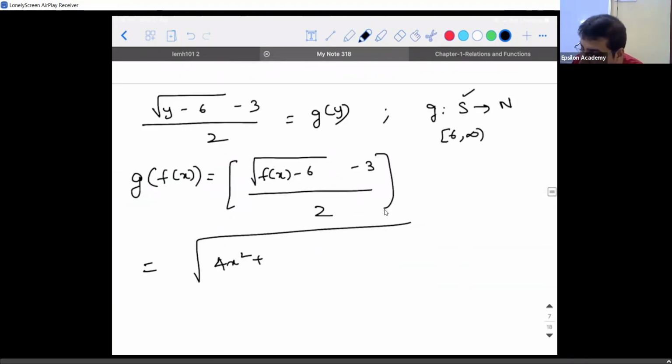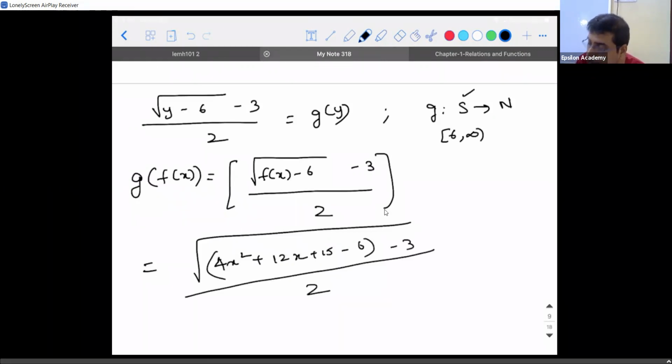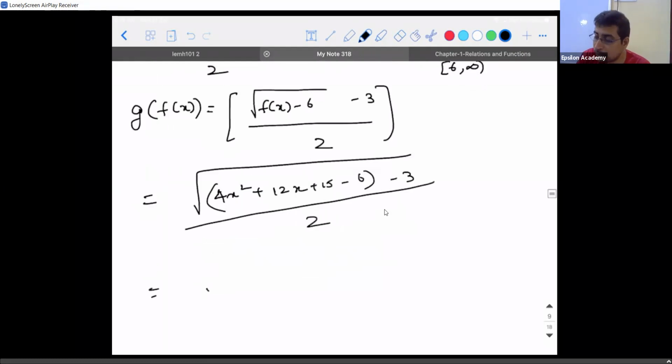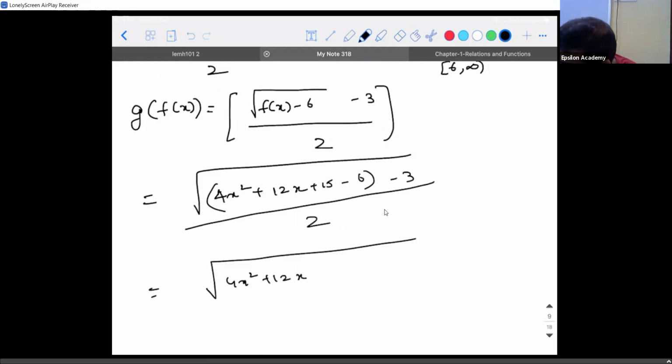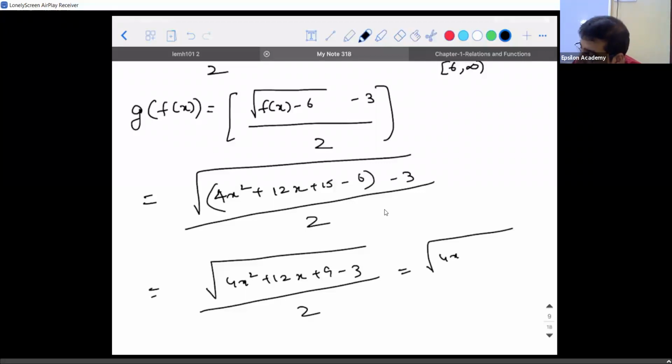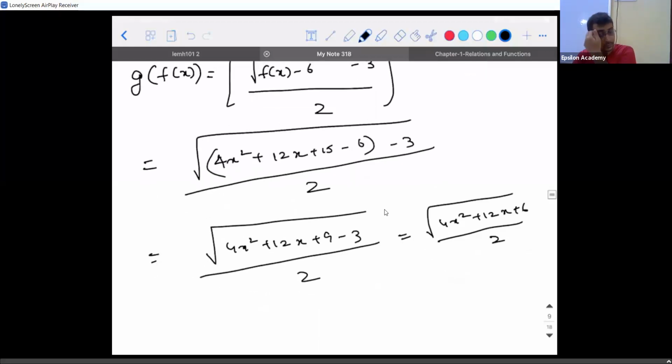So 4x square plus 12x plus 15 minus 6, minus 3, the whole divided by 2. So how much will you get? Square root of 4x square plus 12x plus 9, minus 3, the whole divided by 2.